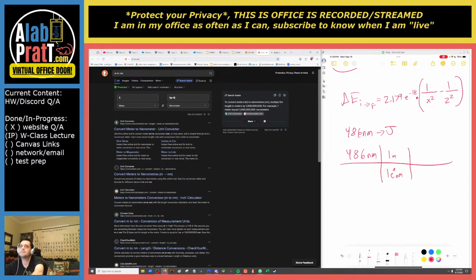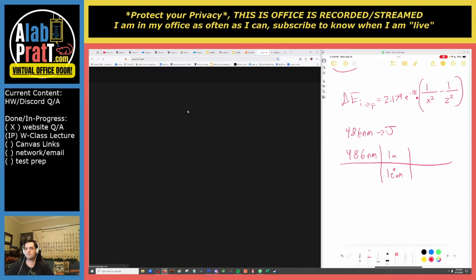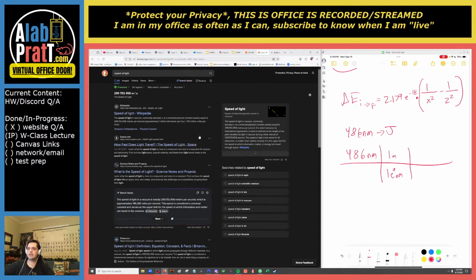Speed of light. Okay, so I'll simplify it: the speed of light is 3 times e to the 8 meters in 1 second.